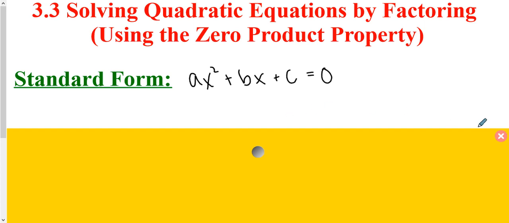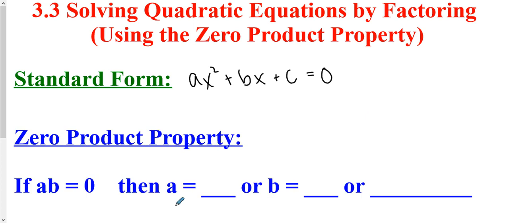Anything times 0 is 0. So if two things are being multiplied together and they equal 0, then either the first thing is 0, the second thing is 0, or they both are 0. Something has to be 0.